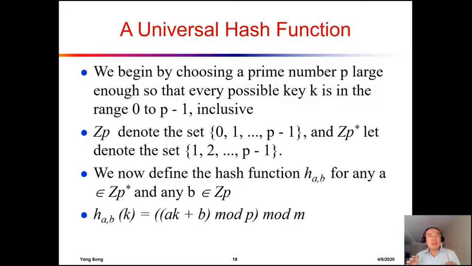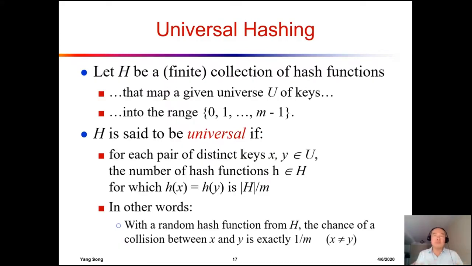Depending on the different picks of a and b, we will have different hash functions. So using this, it's guaranteed that we can have a big collection of hash functions, and they are all good hash functions. They are all universal. When we initialize a hash function, we randomly pick an a and a b, and that will be the hash function we use for this scenario.